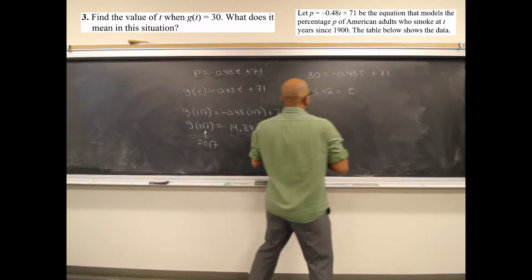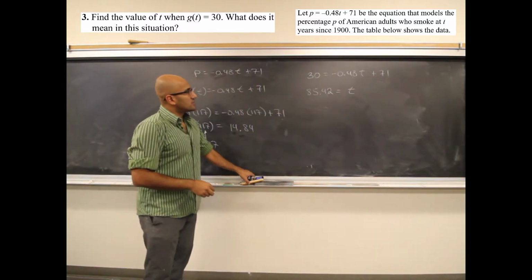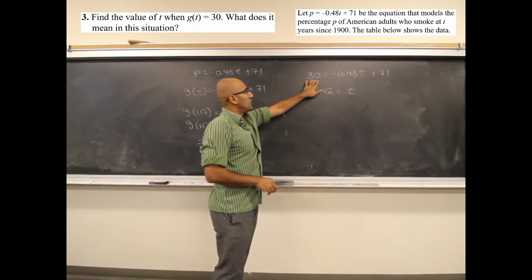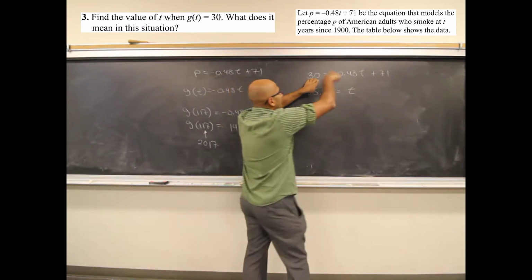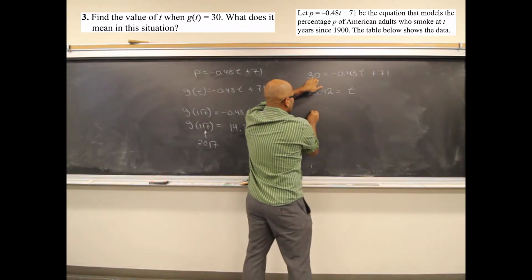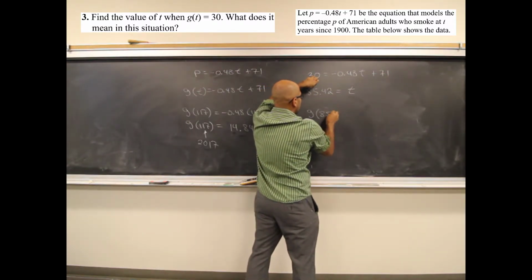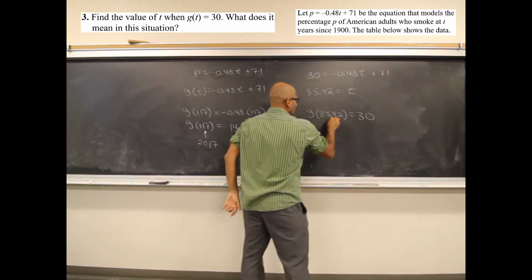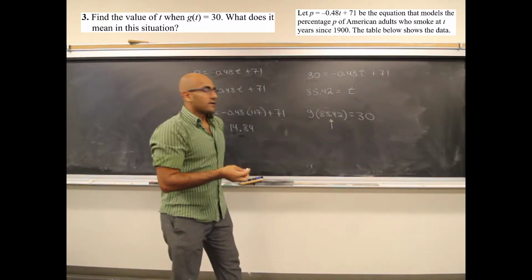Equals t. Okay, so how do we translate that? What does this mean? Was this a year or a percent? Percent, right? So if we tie the whole thing down, we would say that g of the input variable, which is this, 85.42, equals 30. So this is the year, right?